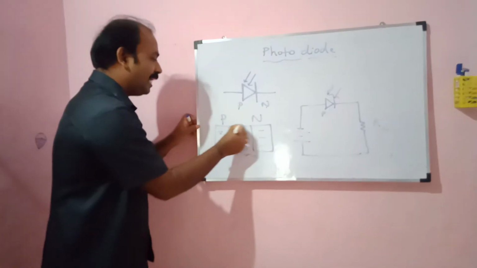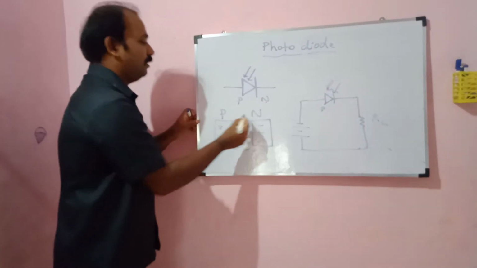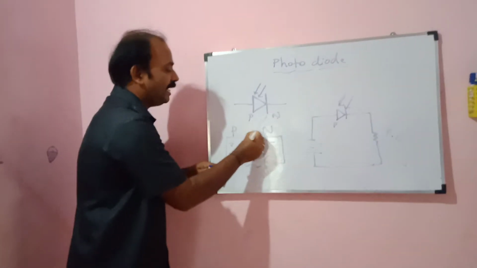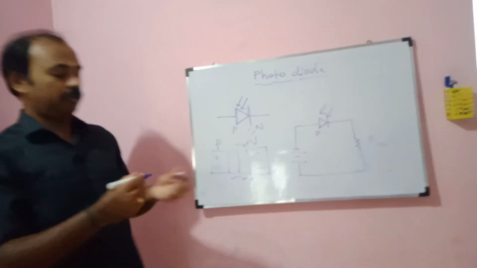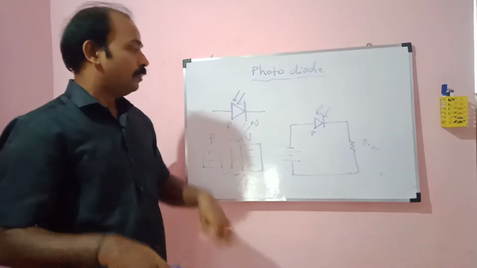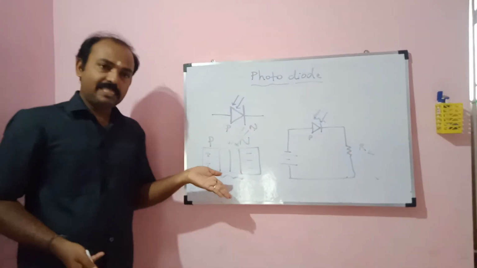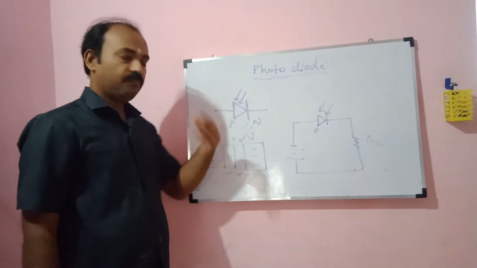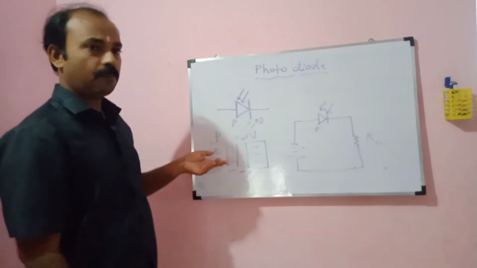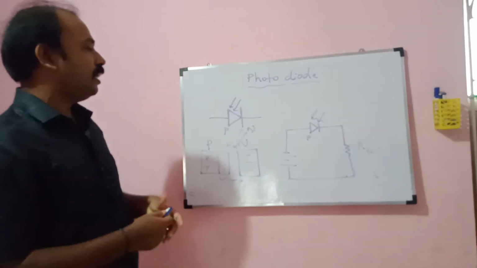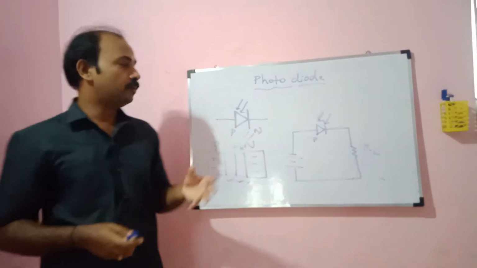Over that there is a glass coating. Through this glass, light is allowed to fall on the PN junction diode. Based on the intensity of light falling on it, the corresponding photo current will be produced. Actually that is the construction.